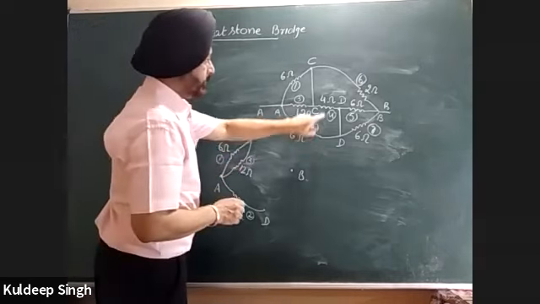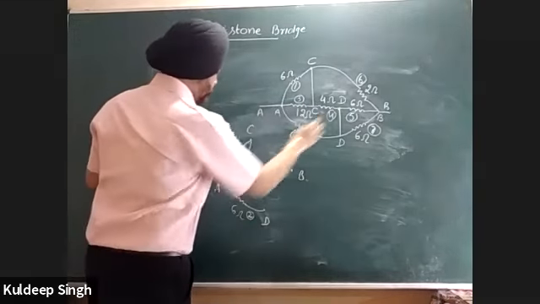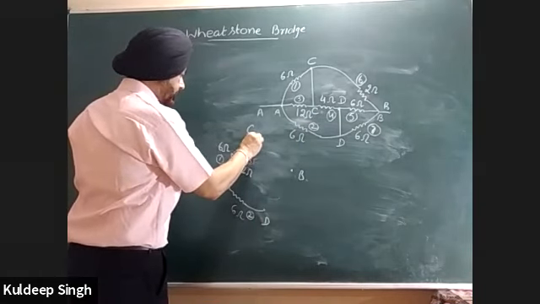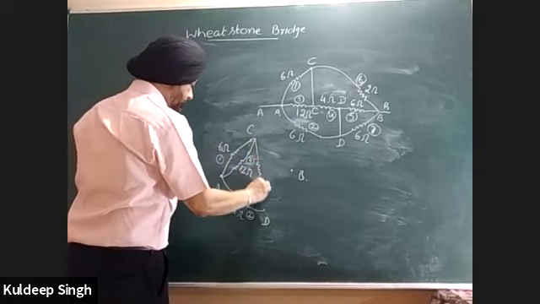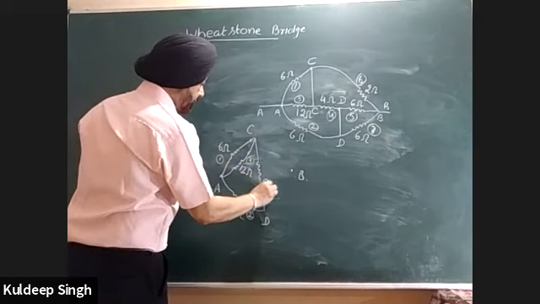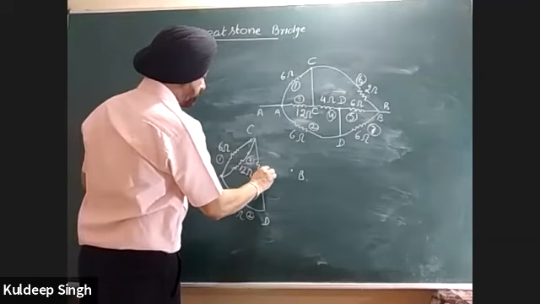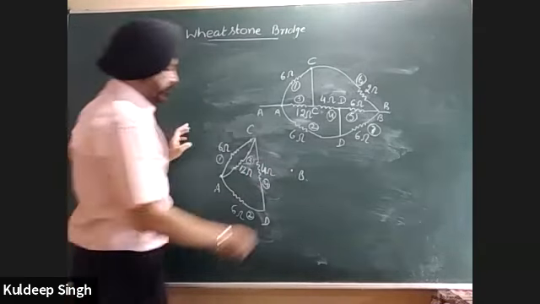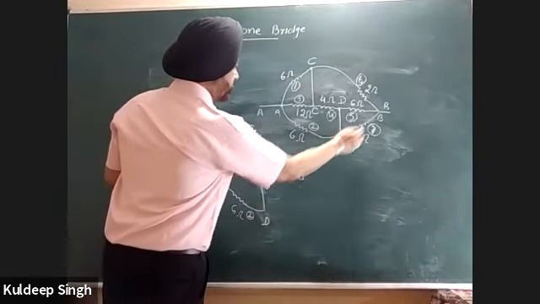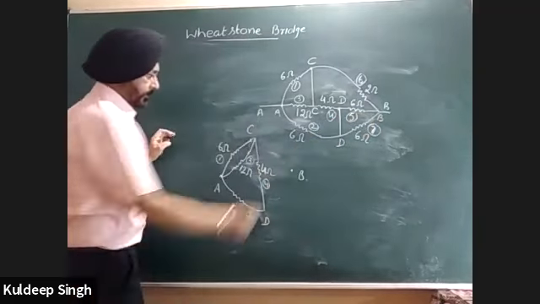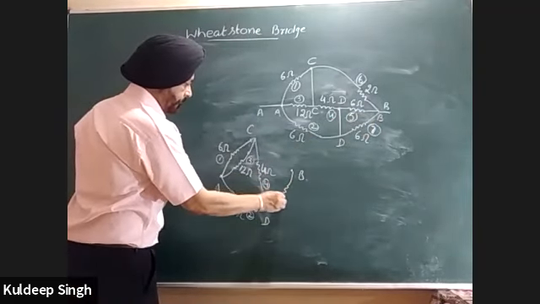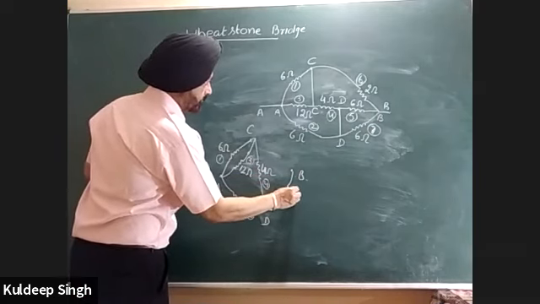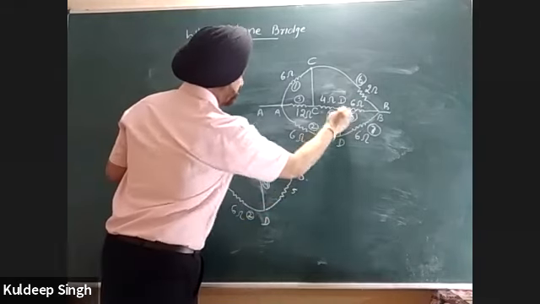After the third, we have the fourth one. Fourth is connected to C and D. This is C and this is D, the fourth resistance of 4 ohm. And where is the fifth now? Fifth is connected to B and D. This is B and it is the fifth resistance.